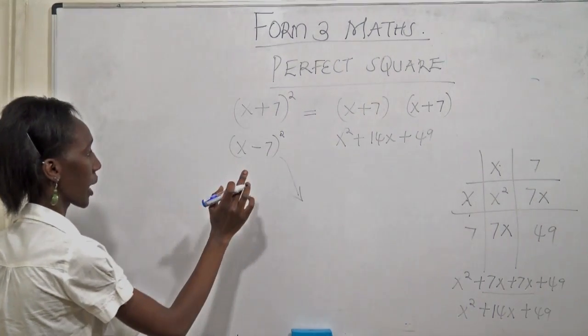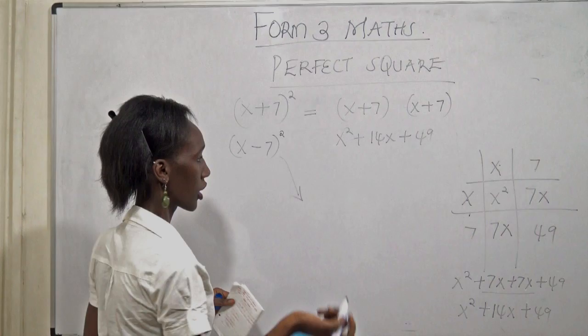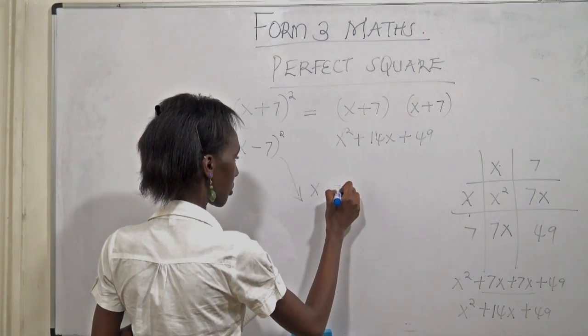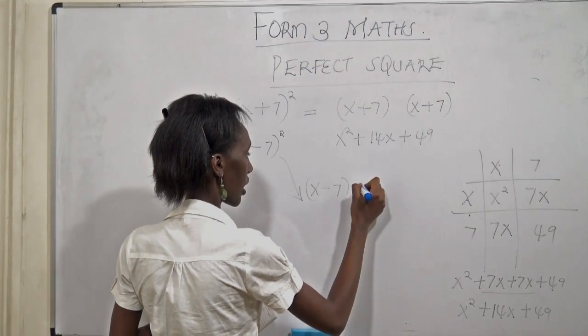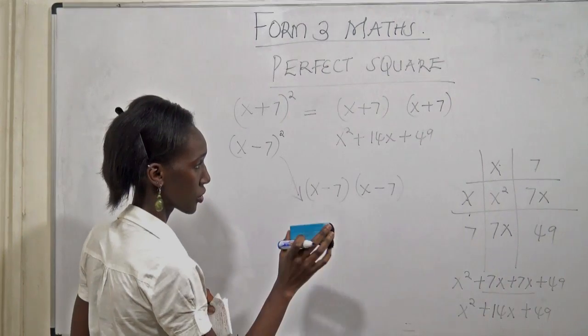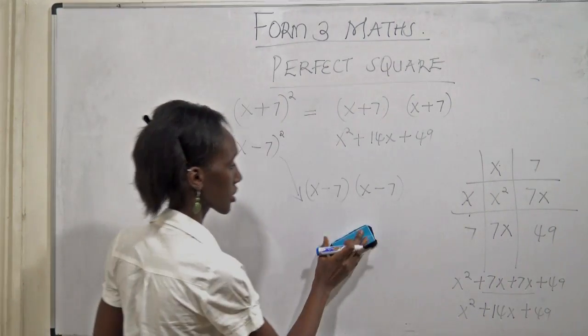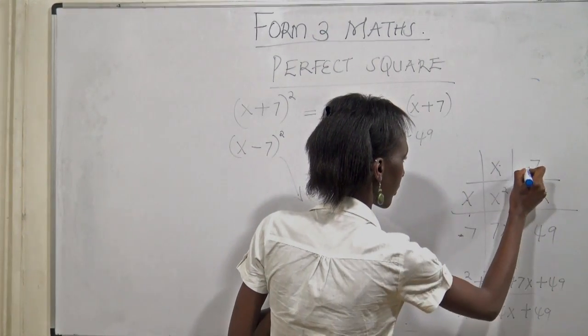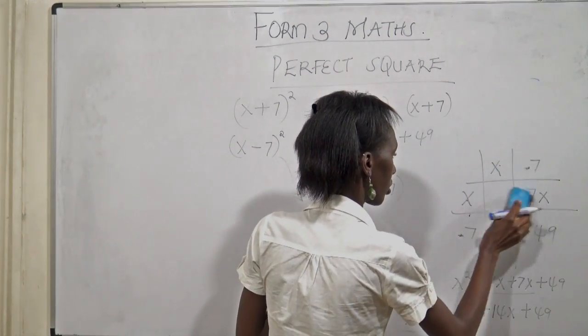It is x minus 7 squared. So I'll do the same. This means I multiply x minus 7 times x minus 7. So what do I get? I'm going to use the same table, but here we have negative 7 and a negative 7. So everything will change.